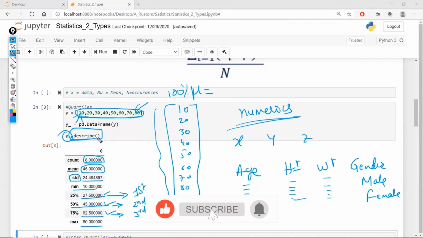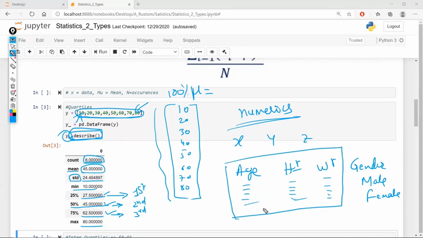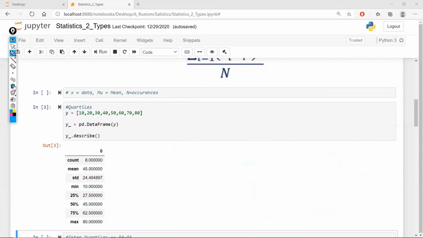When I use the dot describe method, it is going to give me stats of only these three features, or three columns, or three variables, whatever you can call it. It is not going to give any details about gender because it is categorical data, a categorical column, a categorical variable. All right. Okay, so let's move on.